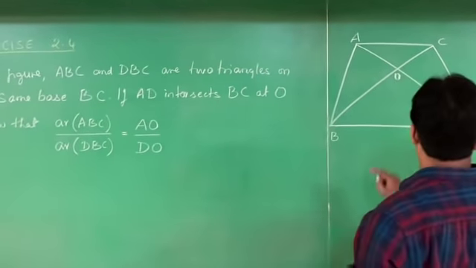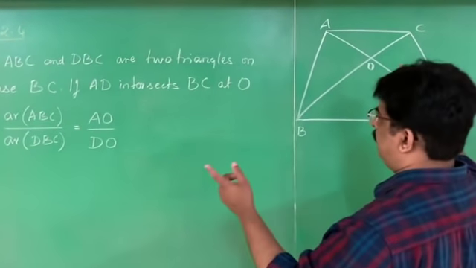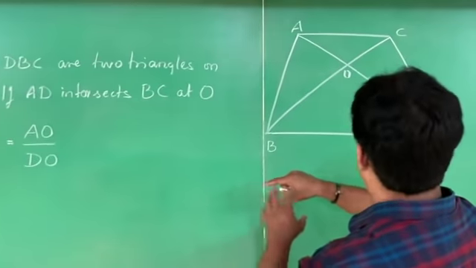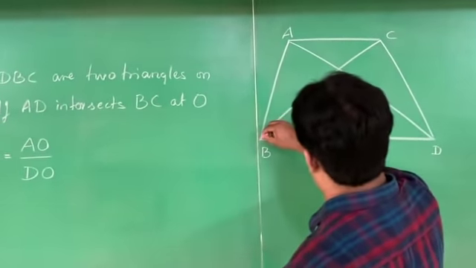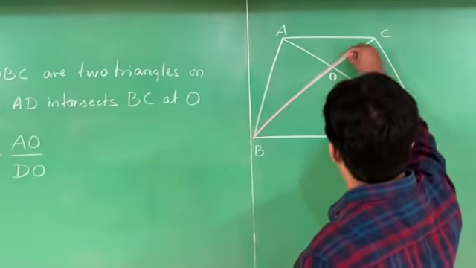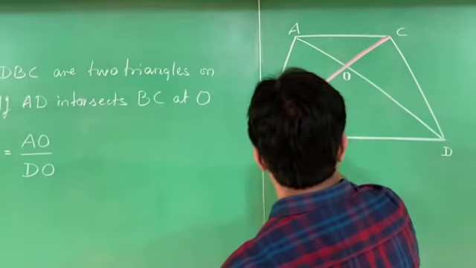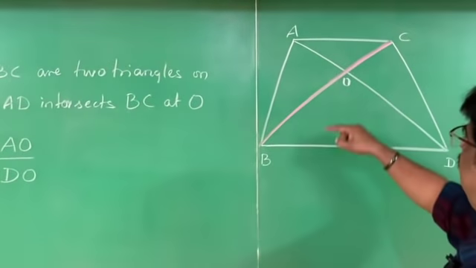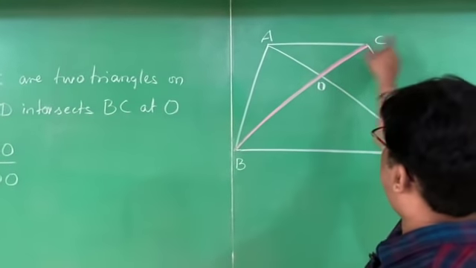We have to consider BC as the base. Same base BC. This is the base. See, for ABC, BC is the base. For DBC, BC is the base.